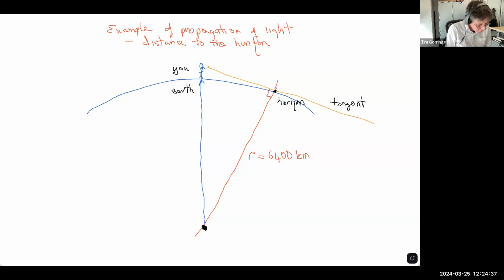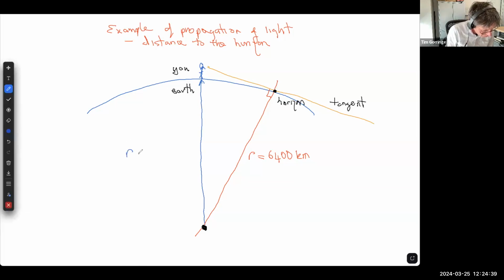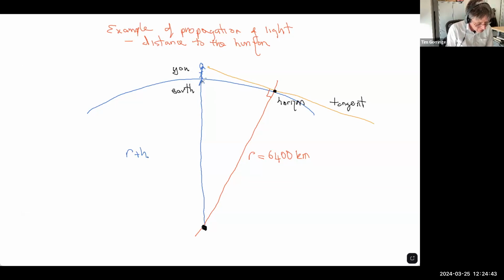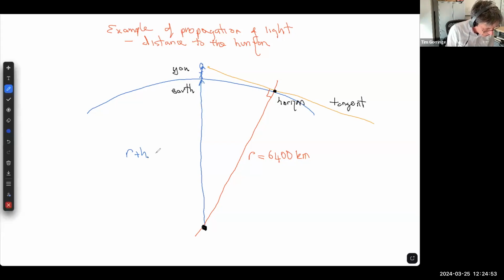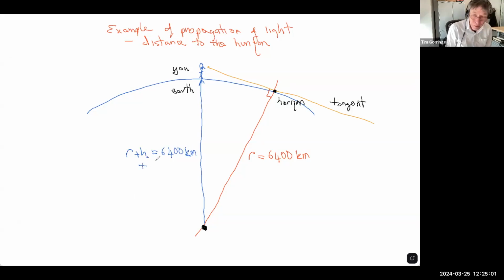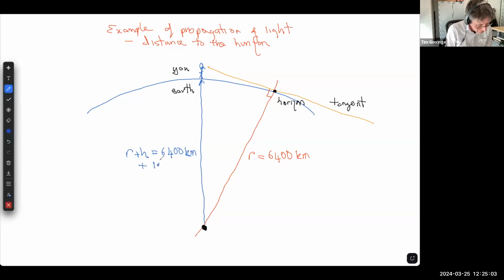This distance, I'll just denote as R plus H. R is the radius of the Earth, so it's the distance from the center of the Earth to the Earth's surface, and H is the elevation of my eyes above the surface of the Earth. So in total, it's going to be 6,400 kilometers plus a little bit more, about 1.7 meters.